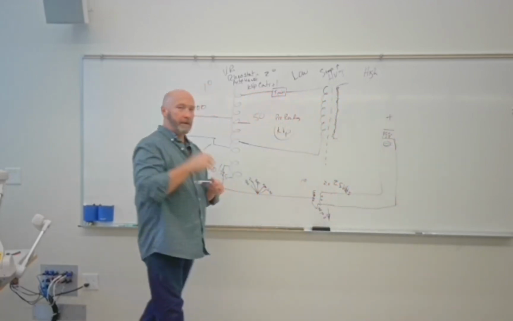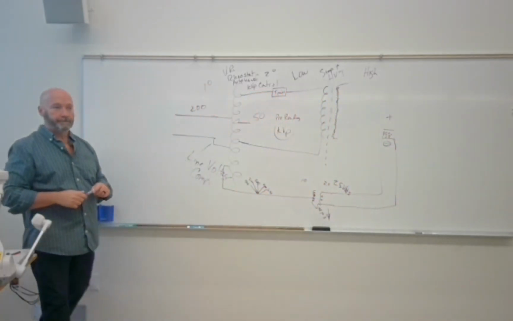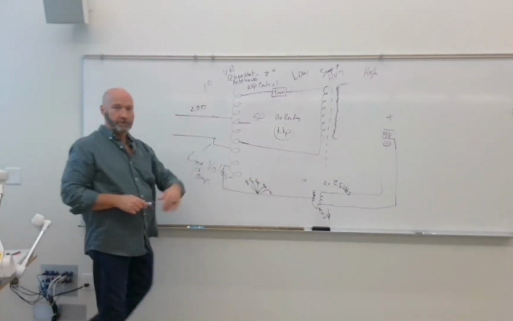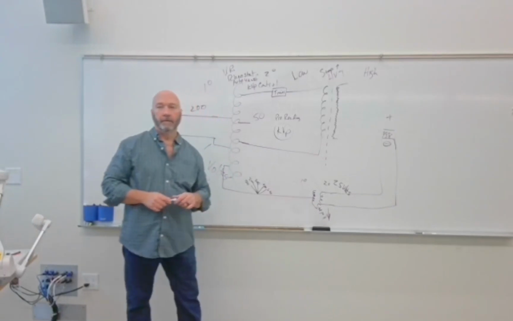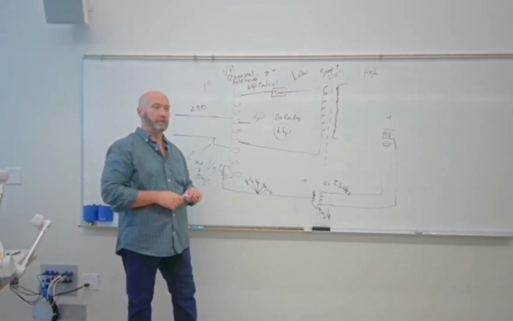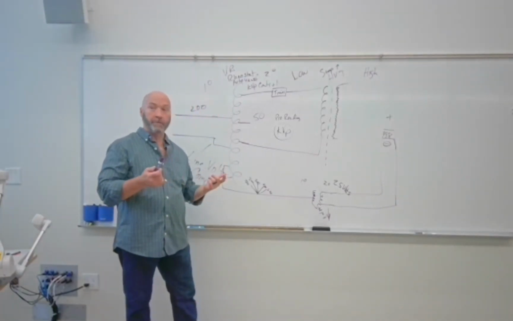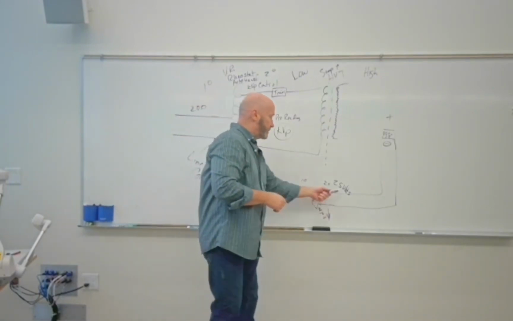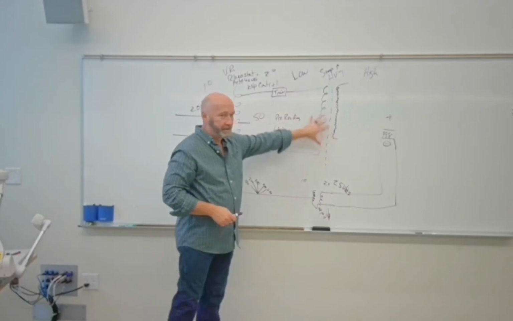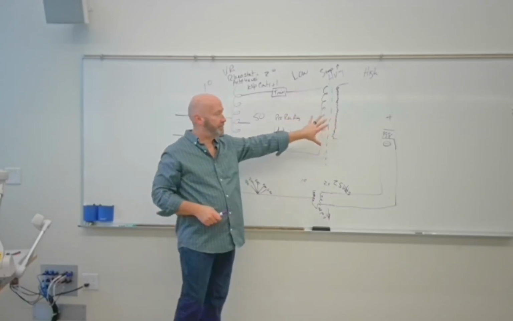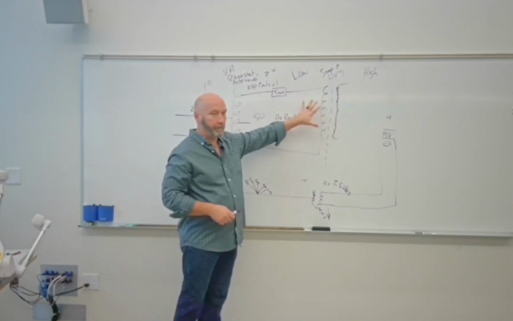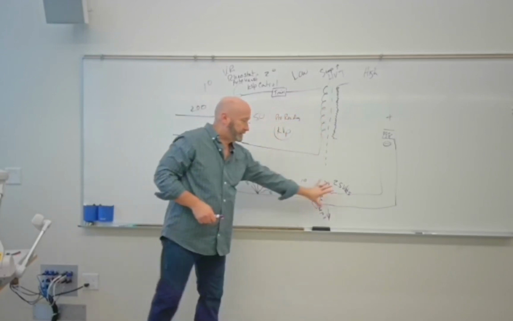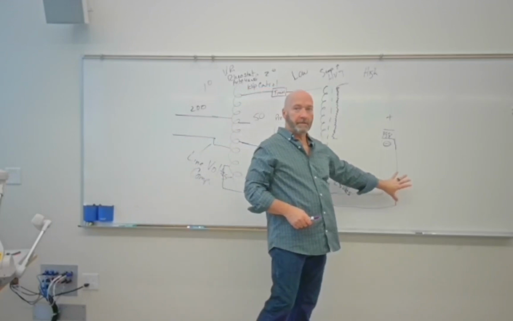So we hit our prep button and what happens? We get x-rays right across the tube, right? No, we don't. You just hit the prep button, and this circuit is not energized all the way across yet. It may be energized up to this point, but not all the way across. This circuit down here is energized, though.